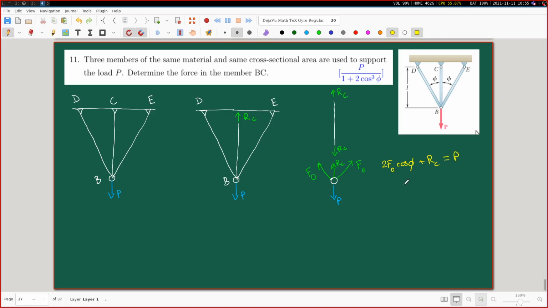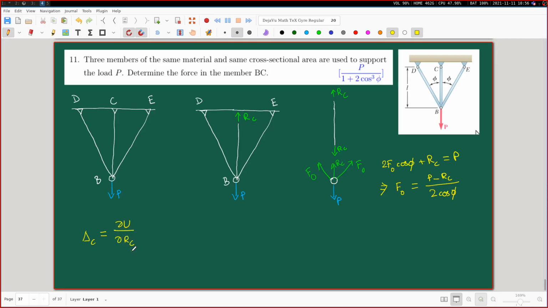Very good. But I don't want to just leave it like this. My objective here is to express this F naught in terms of this RC. So I will just rearrange it quickly like this. All right. Next, I'm going to start writing the expression for this delta C. Capital U is the total strain energy of the overall structure.